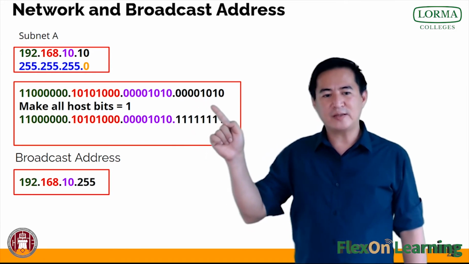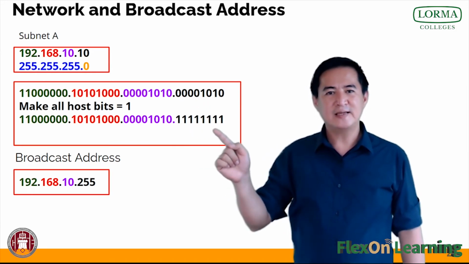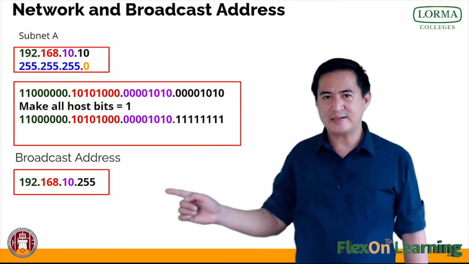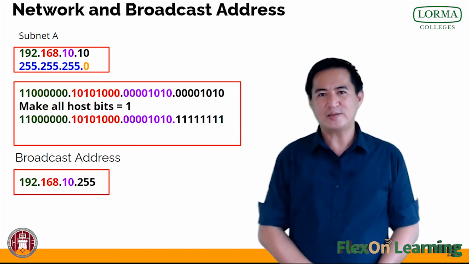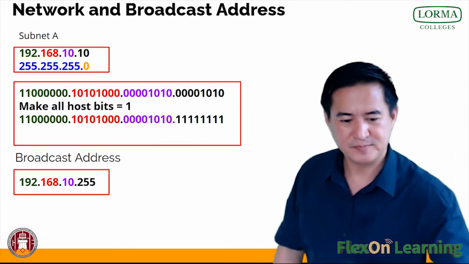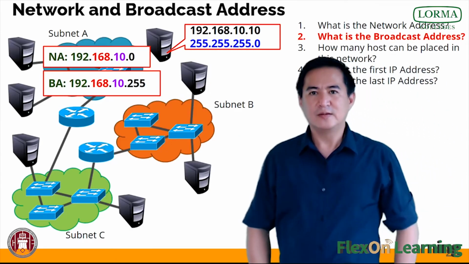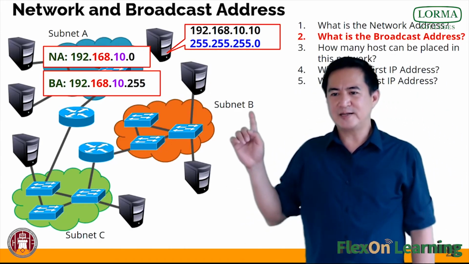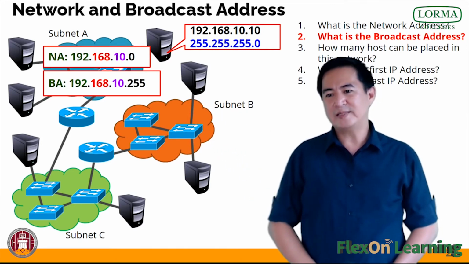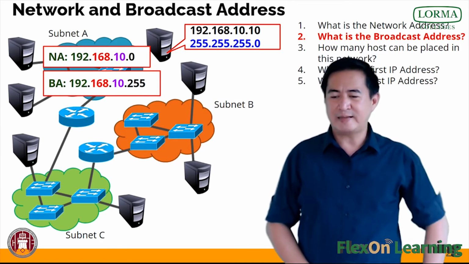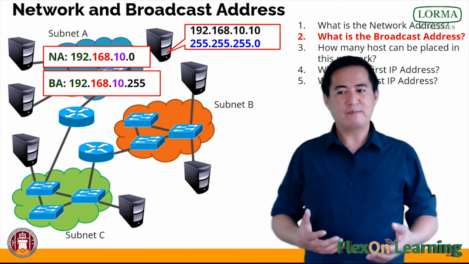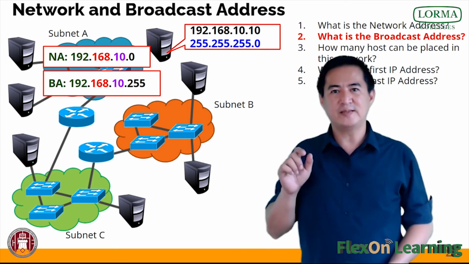And we will convert all of those bits into 1. And when it's translated to the decimal format of the IP address, you will get 192.168.10.255. Simple. So therefore, in this network, the network address is 10.0 and the broadcast address is 10.255.